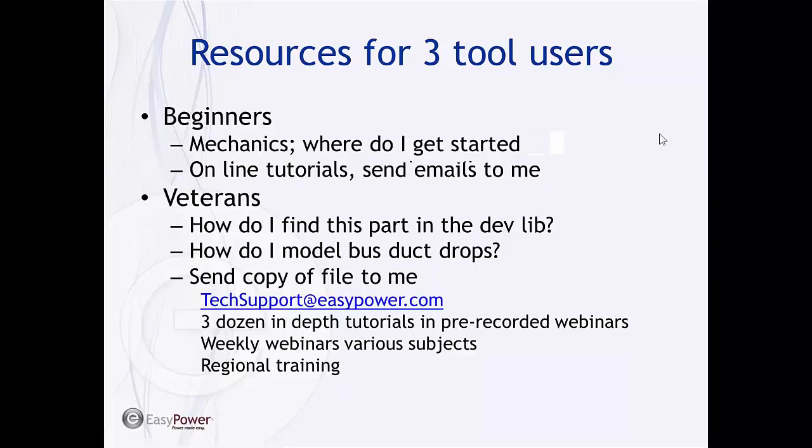And for any tool owners that have current maintenance, the purpose of their availability, virtually 8 to 5 Pacific time, and often even earlier and later than that. And so I encourage you to send an email or call EasyPower at 503-655-5059 and ask for tech support, and you will get immediate responses. We try to turn around even emails within 4 to 6 hours.